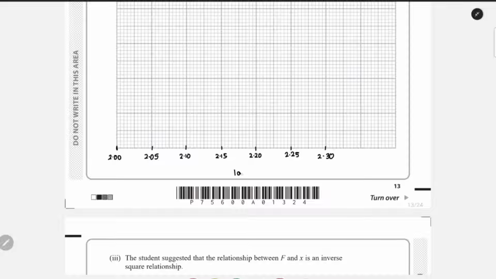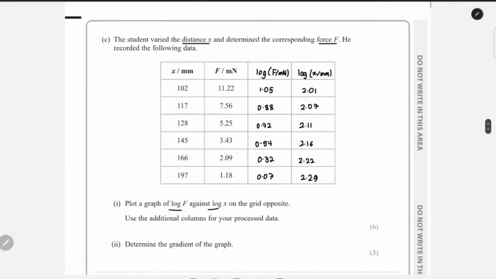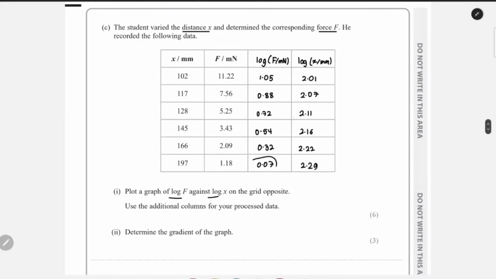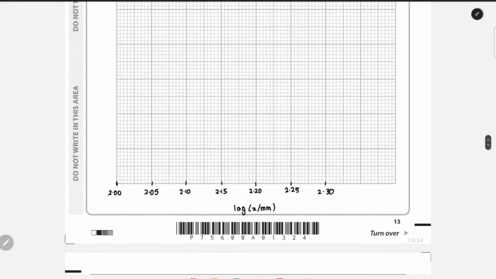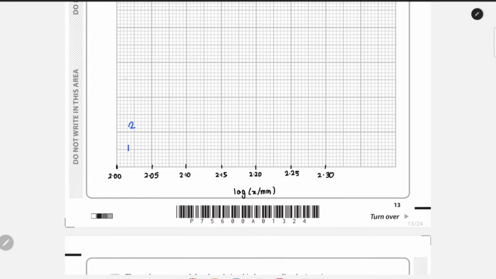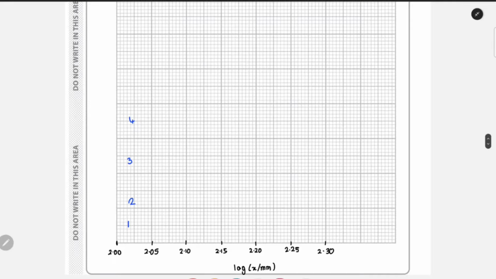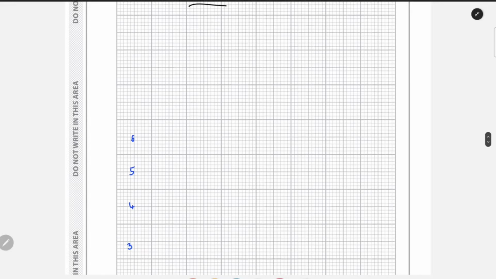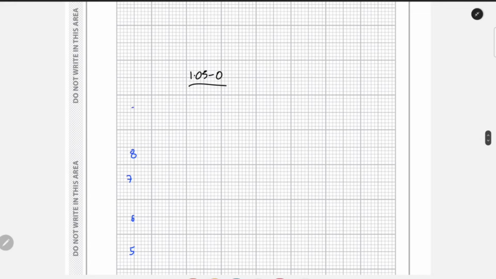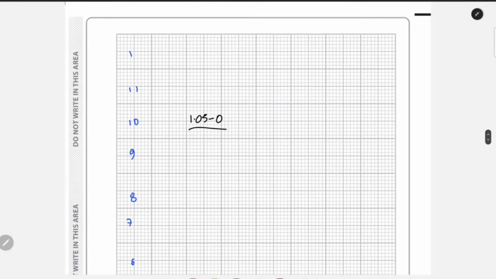This is log x in millimeters. Now for F, the highest value is 1.05, the lowest is 0.07. So we go from 0 to 1.05. So 1.05 minus 0, and we have 1, 2, 3, 4, 5, 6, 7, 8, 9, 10, 11, 12 boxes.